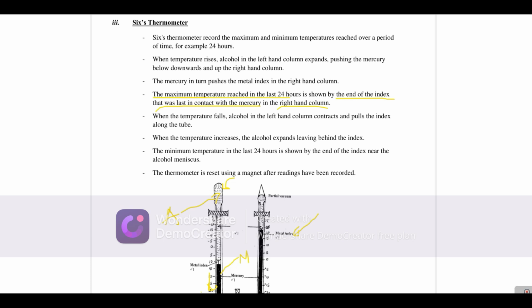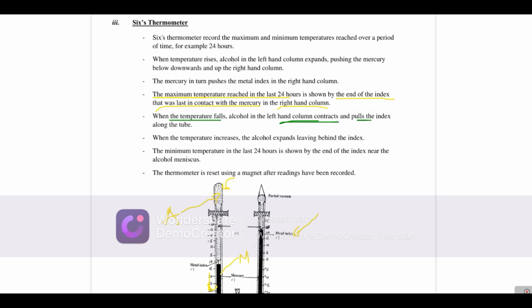When the temperature falls, alcohol in the left column will contract, and it will pull the index along the tube.